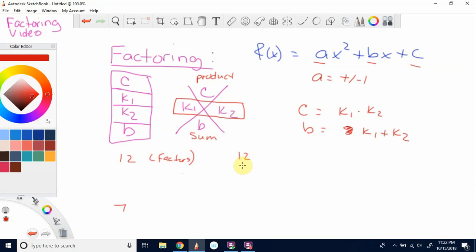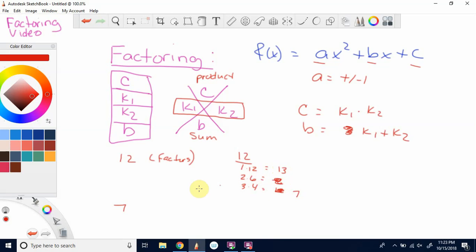So we can make a list. 12 is 1 times 12, 2 times 6, 3 times 4, okay? Because it's positive, they're either both going to be positive or both negative. Since they're the same sign, the sum is going to be adding them together. So which one gives, whoopsie, sorry, I can't add.